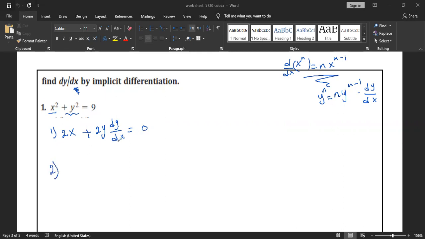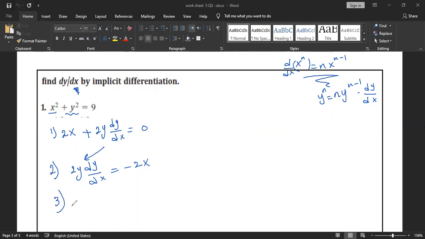Second step, I keep the term of dy by dx on the left-hand side. It will be 2y dy over dx, the derivative of y with respect to x, equal negative 2x. Third step, I don't need to take dy by dx as a common factor because I have only one term. So I skip the third step.